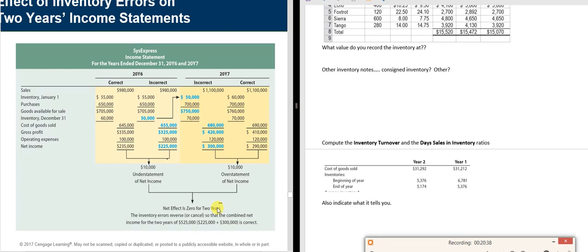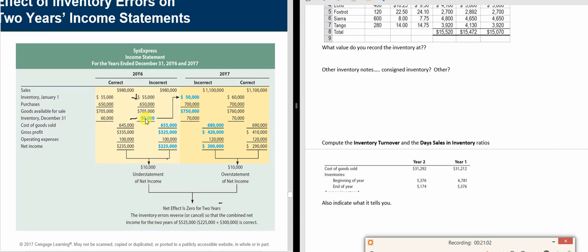Okay, so notice that if you miscounted in one year, ending inventory becomes beginning inventory in the next year. So beginning inventory plus purchases equals available. So in essence, beginning inventory is a positive number. So 55 plus 650 is 750, and ending inventory is a negative number.